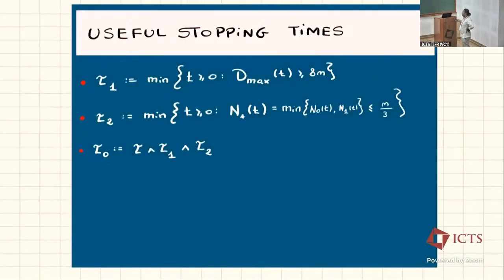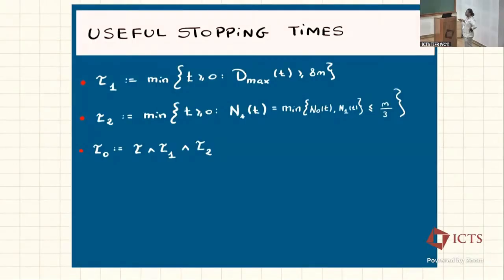So let's define the stopping times. Tau 1 is the first time where the D max at time t, the largest degree of the graph G_t, is bigger than or equal to 8n. And let tau 2 be the first time where the minority opinion at time t is less than or equal to n by 3. And let tau naught be the minimum of tau, tau 1, and tau 2.